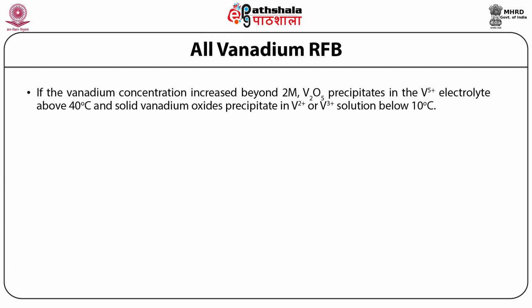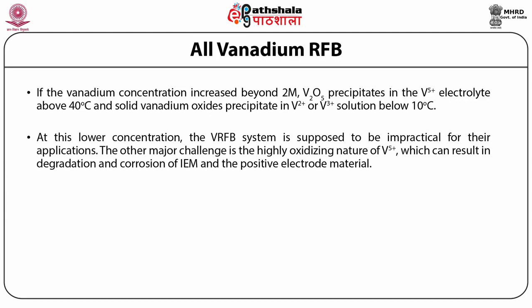If the vanadium concentration increased beyond 2 molar, V2O5 precipitates in the V5+ electrolyte above 40 degrees Celsius, and solid vanadium oxides precipitate in V2+ or V3+ solution below 10 degrees Celsius. Even with the positive effects of the additives, the vanadium concentration remains limited to below 2 molar for most practical batteries. At this lower concentration, the VRFB system is supposed to be impractical for their applications.